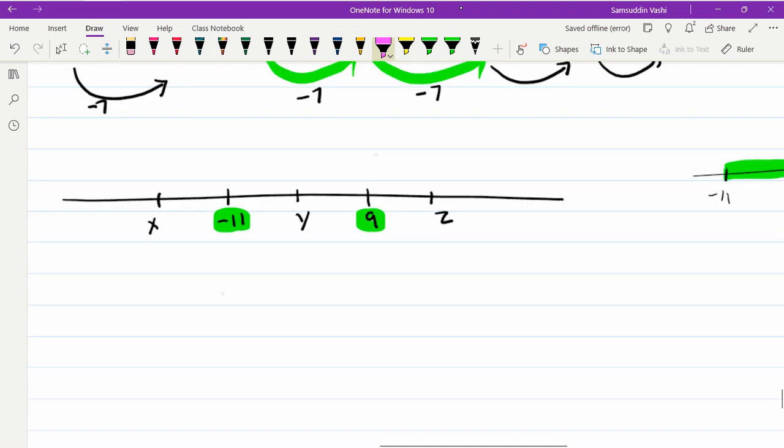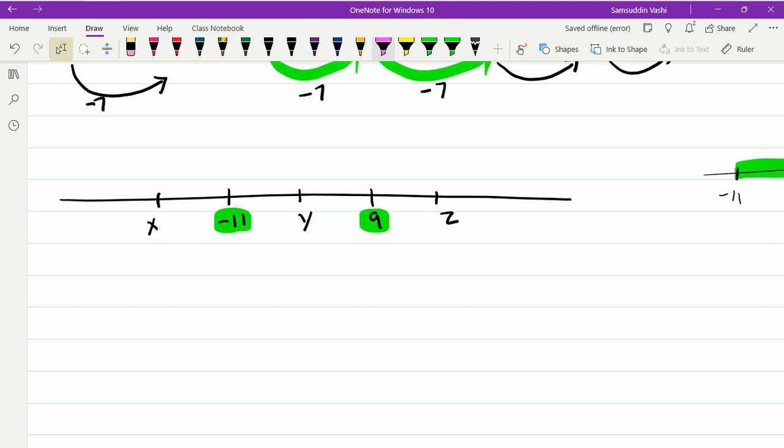It's 20 units. Now that 20 units, I need to break down into two different parts. The first part is until Y and the second part is until 9. So until Y, how much is this distance now? 10 units.